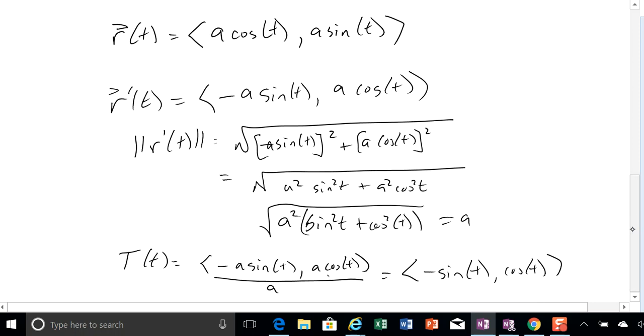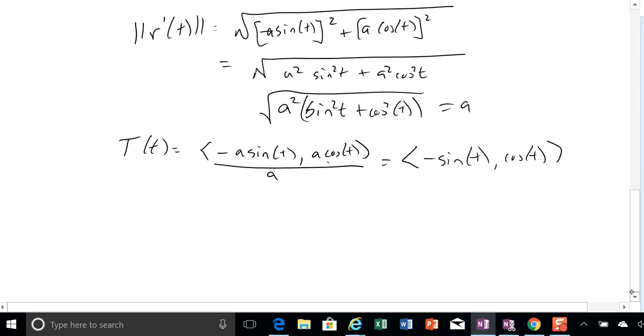Alright, but to find the curvature now, I need to take a derivative again. I want to look at the derivative of T of t, the derivative of the unit tangent vector. The derivative of sine is cosine, so I get minus cosine of t, and the derivative of cosine is minus sine, so minus sine of t.